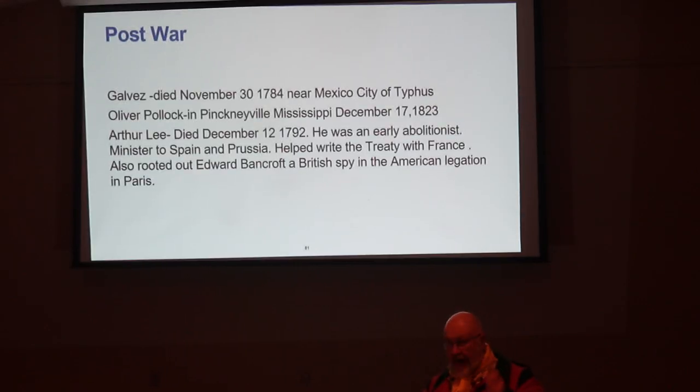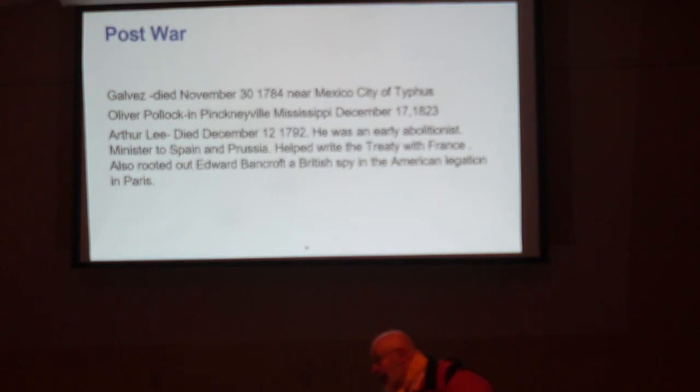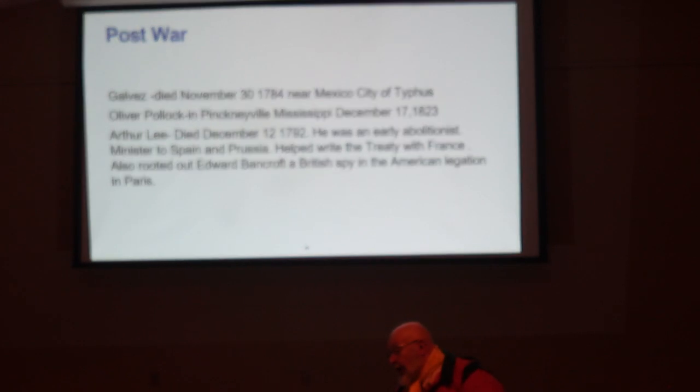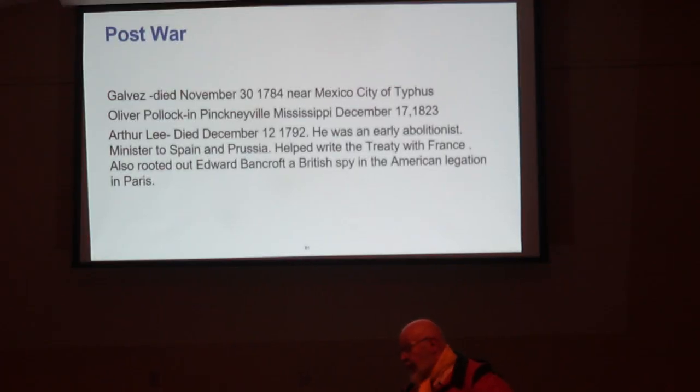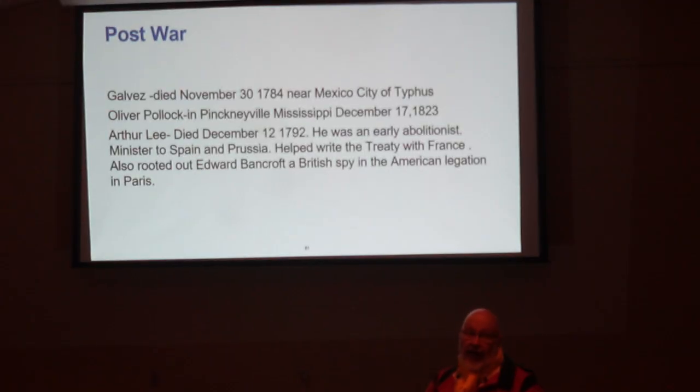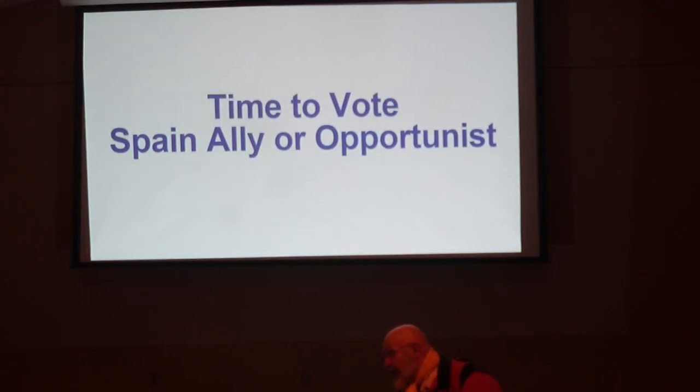I'm sure it wasn't the brand new muskets off the assembly line, but he did ship the Americans supplies. He also helped write the treaty with France. They got the French in the war, and also rooted out Edward Bancroft, a British spy in the American legation in Paris. So the British actually had a spy on Franklin's staff.